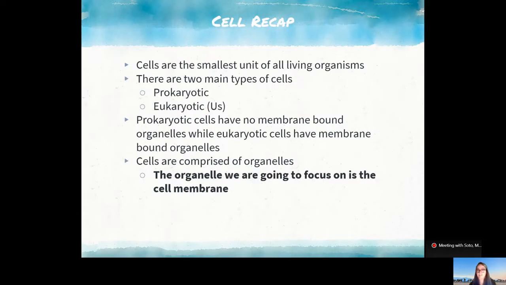They do have DNA, but it's floating freely throughout the cell, whereas the eukaryotic cells have their DNA information housed in their nucleus. Cells are comprised of organelles, and today we're going to focus on one of those organelles, the cell membrane, which is present in both the prokaryotic cells and the eukaryotic cells.